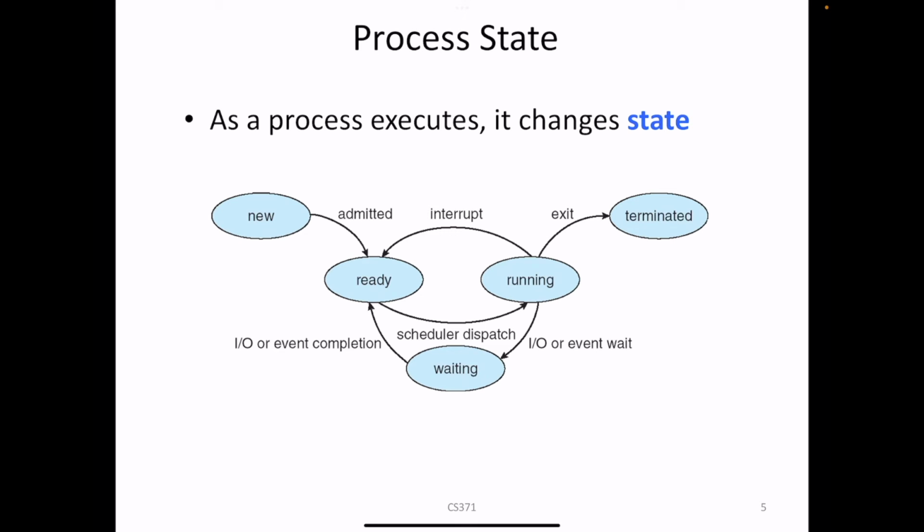After the process finishes the I/O or event, the process state will move back to ready again. When the CPU is available, the process will be put on the CPU again and run there. When the process is terminated, all the assigned resources will be reclaimed by the operating system and made available for other processes to use later.